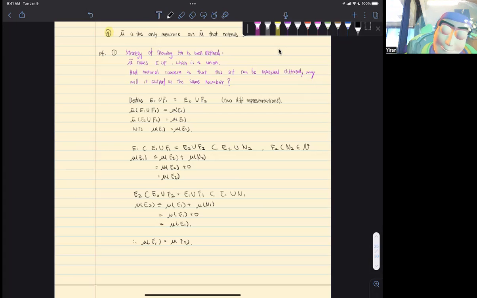So since the head and tail are equal, everything in the middle is going to be equal. So those are all equal. So in particular, we have mu tilde of E union F is equal to mu bar of E union F, and therefore we finish the uniqueness argument for the measure mu bar.